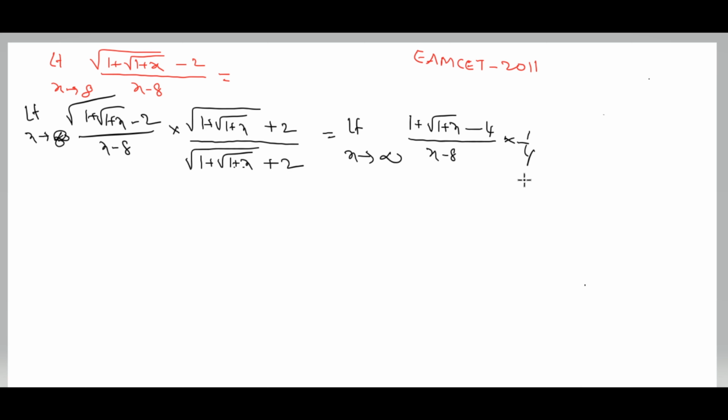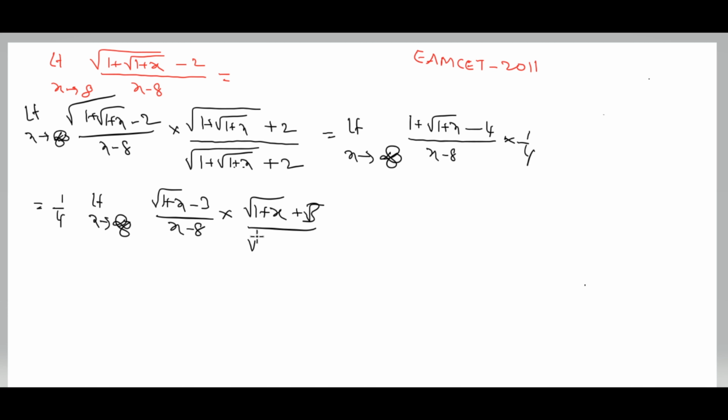That is equal to 1 by 4 into limit x tends to 8, (1 plus square root of 1 plus x minus 4), that is (root of 1 plus x minus 3) by (x minus 8). Again take rationalization, multiply by (root of 1 plus x plus 3) by (root of 1 plus x plus 3).